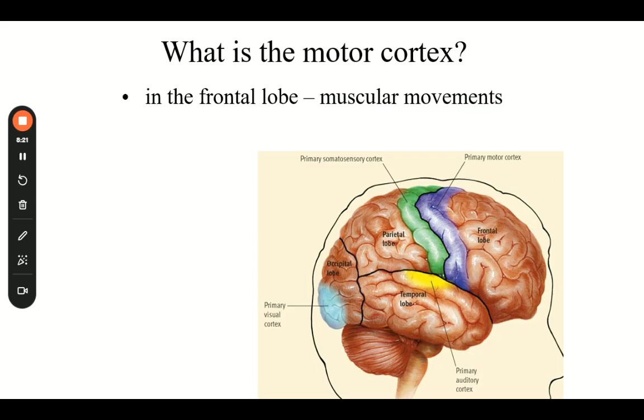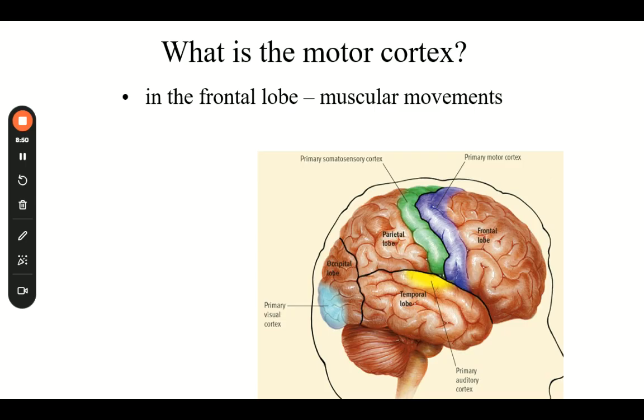So if I purposefully move my left leg, then my right leg, or I wave my right hand, I'm using my motor cortex. If I am speaking and I'm using my lips and my tongue, that is my motor cortex. I mean, there's a specific part, we'll talk about that in a minute, but your motor cortex is where you do movement.